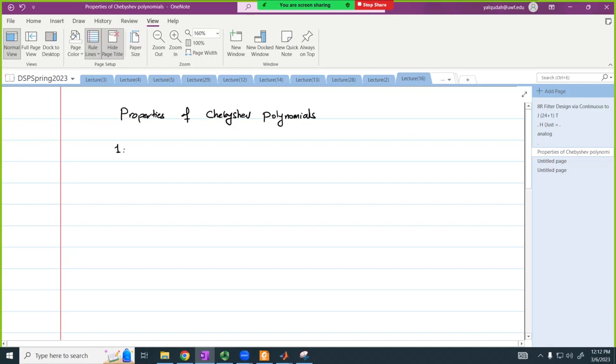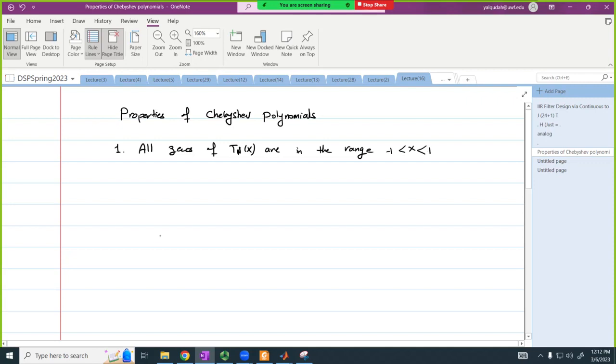So the first property is that all the zeros of Tn of x are in the range between -1 and 1.